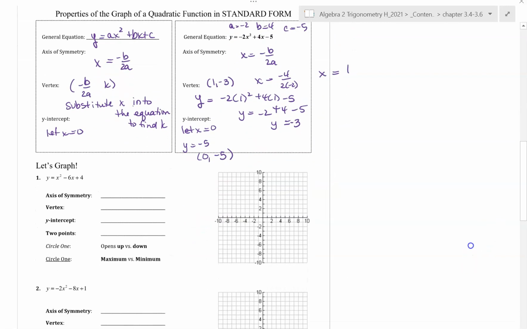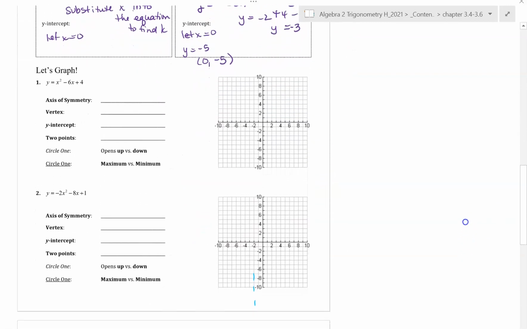Why don't we go ahead and sketch a graph. So for number 1, we're going to find our axes of symmetry, which is the opposite of b over 2a. A in this example is 1, b is negative 6, and c is 4. So I end up with x equals 3, which would be the x-coordinate of my vertex.